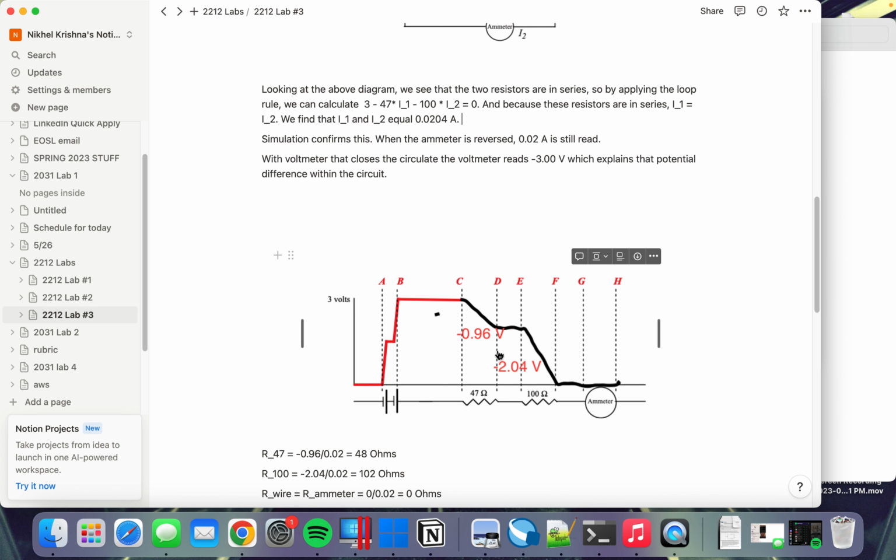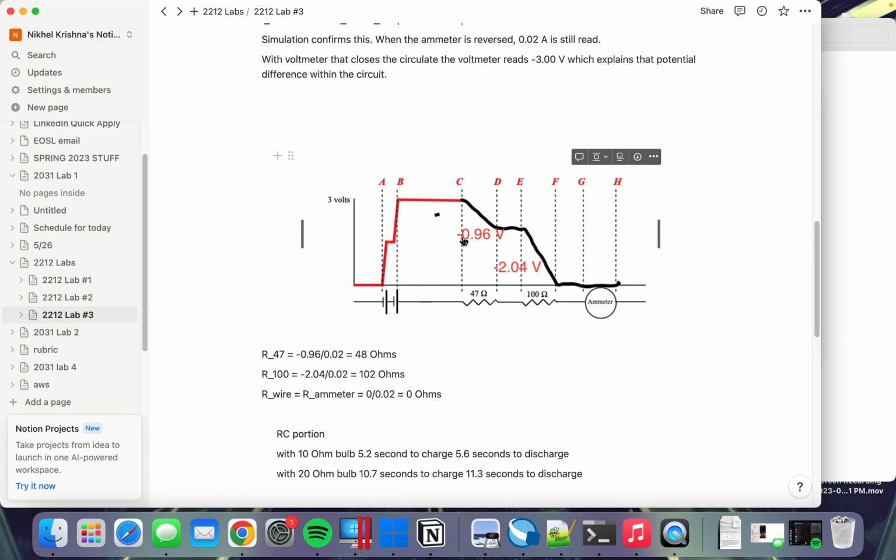Between the two resistors, using the voltmeter, we calculate a negative 0.96 voltage drop over the 47 ohm resistor and a negative 2.04 voltage drop over the 100 ohm resistor. This takes us to a 0 voltage difference over a closed loop.